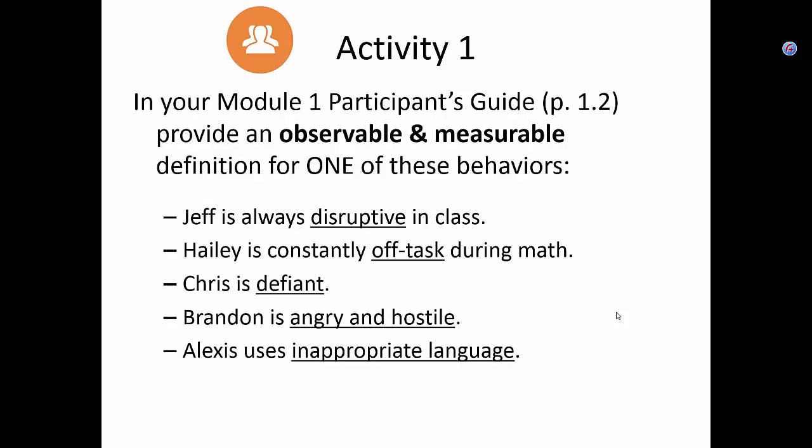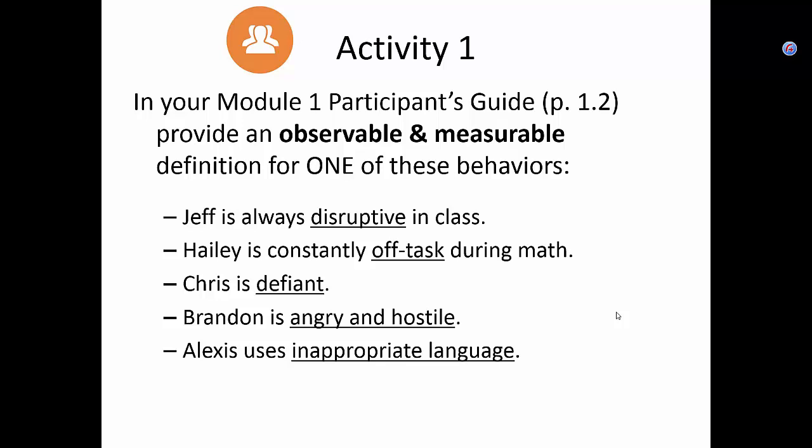So our first activity is, you can look in your participant guide as another guide, but if you look below on the screen here, the next activity below the video, there's an option for you to define any one of these behaviors which currently are not observable and measurable enough. We're just asking you to choose one of these and provide a clearer definition of maybe what is disruptive in class for Jeff.